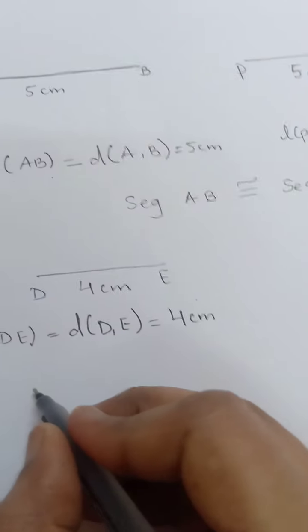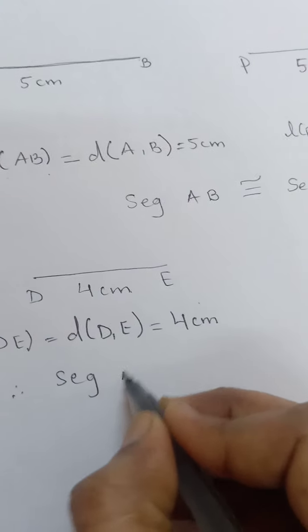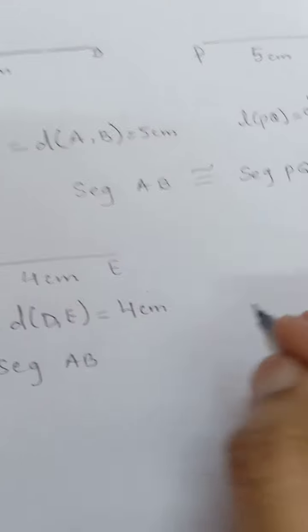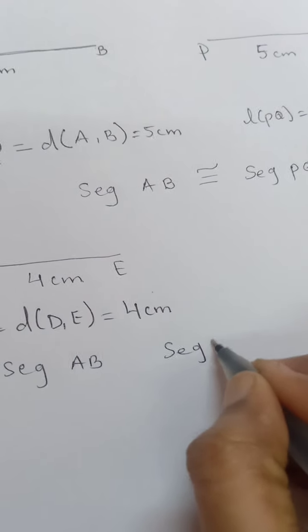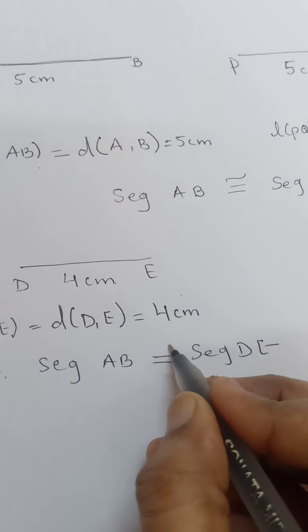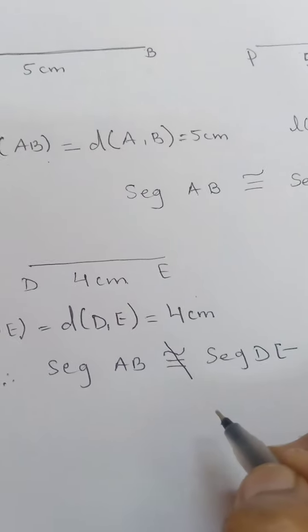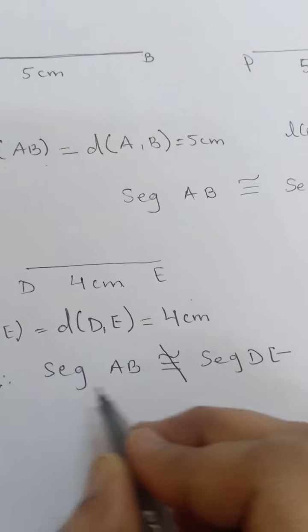Therefore segment AB and segment DE are not congruent. First of all we take the congruent sign and we cut it, so it is called not congruent to each other.